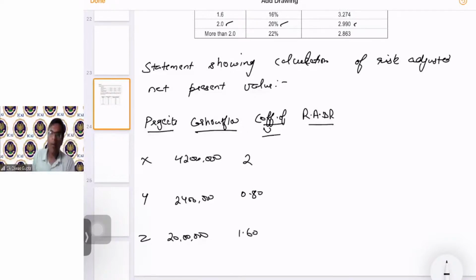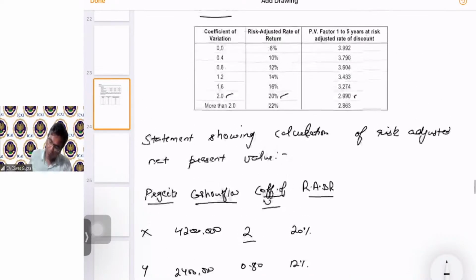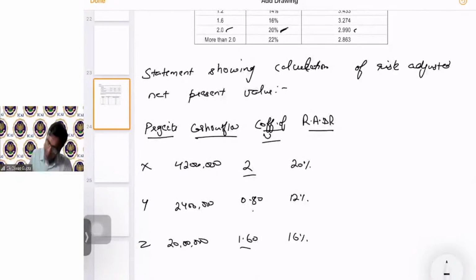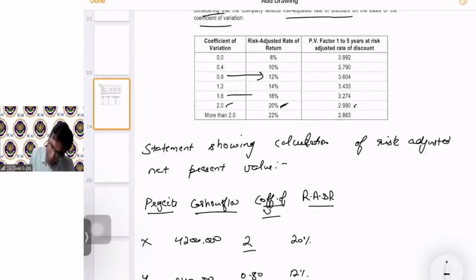RADR, risk adjusted discount rate, 20%, 12%, and 16%. Correct? Because at the rate of 2, the RADR is 20. At the rate of 0.8, RADR is 12. At the rate of 1.6, RADR is 16%. I hope this is clear.